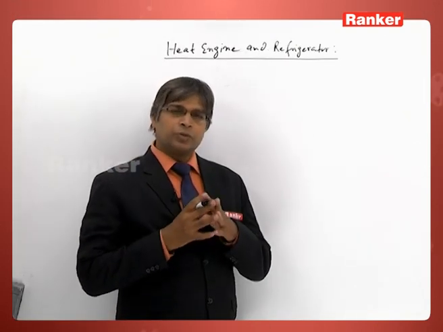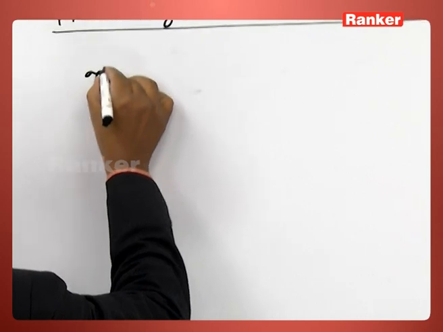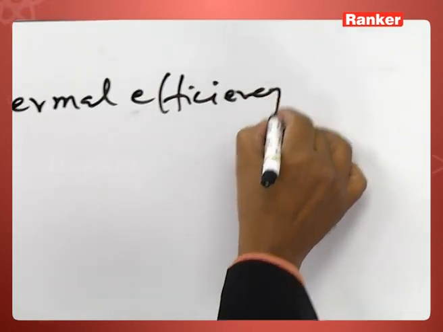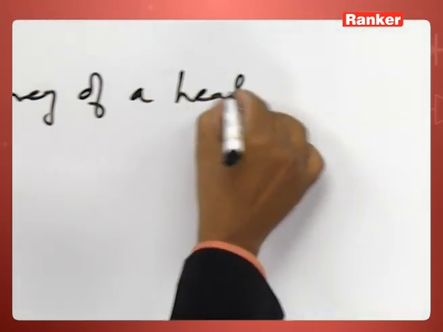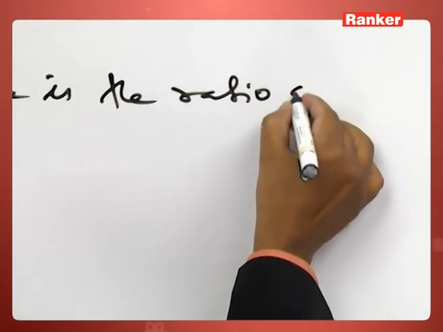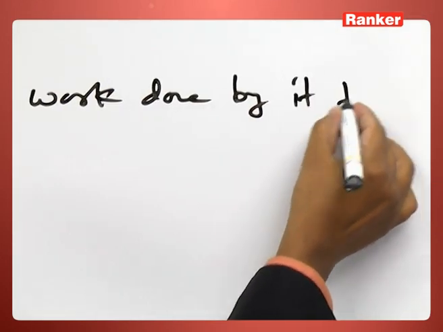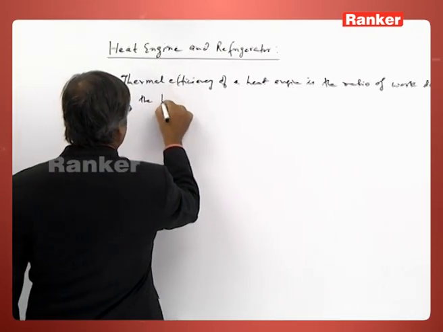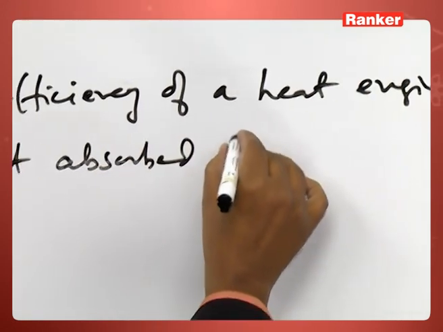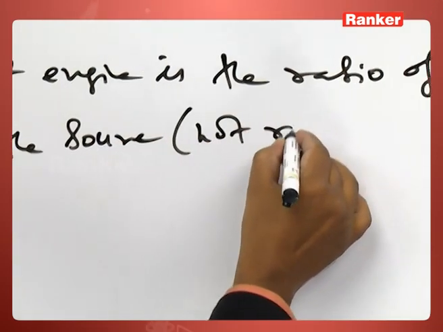Now let us see how to define the thermal efficiency of a heat engine. So the thermal efficiency of a heat engine is the ratio of work done by it to the heat absorbed from the source or hot reservoir.